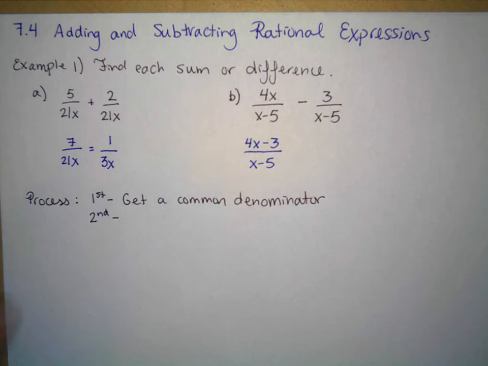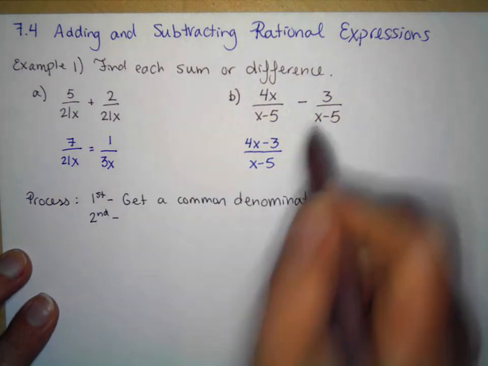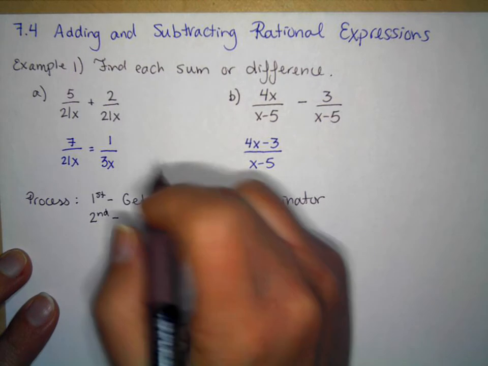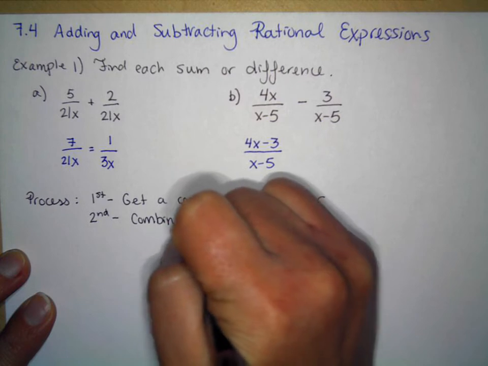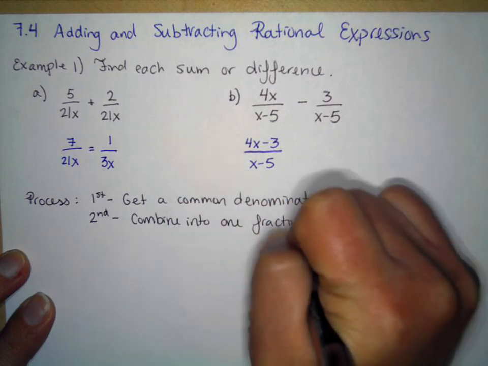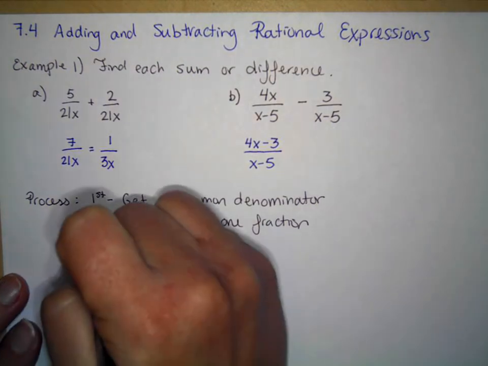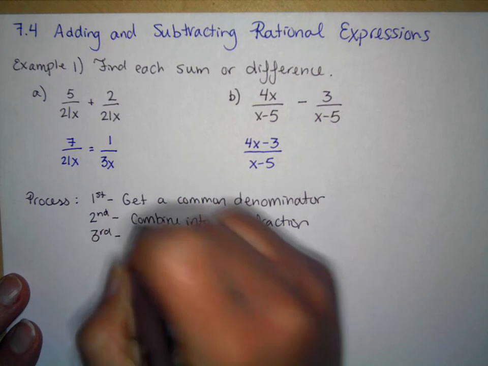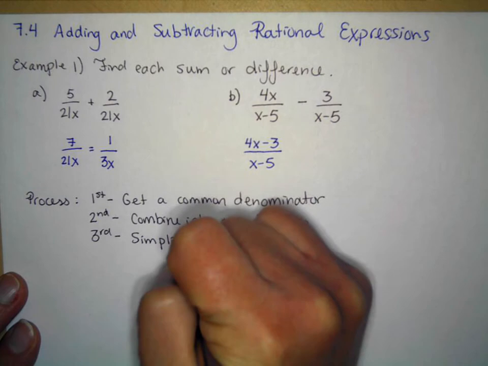The second thing we're going to do is combine it all into one fraction using either addition or subtraction, whatever is indicated in the problem. And our third step will be to simplify if possible, like we did in 1a.